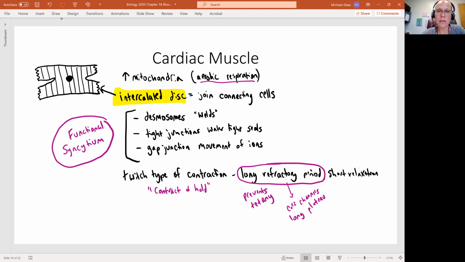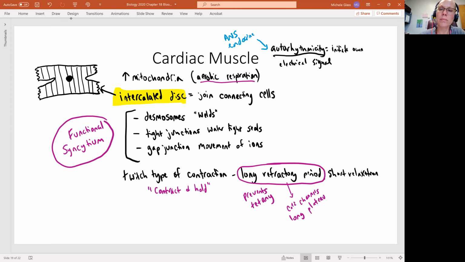Another important feature of the cardiac muscle tissue is what's called autorhythmicity. This is where it can initiate its own electrical signal. We will see that the cardiac muscle is going to be controlled by both the autonomic nervous system and the endocrine system.